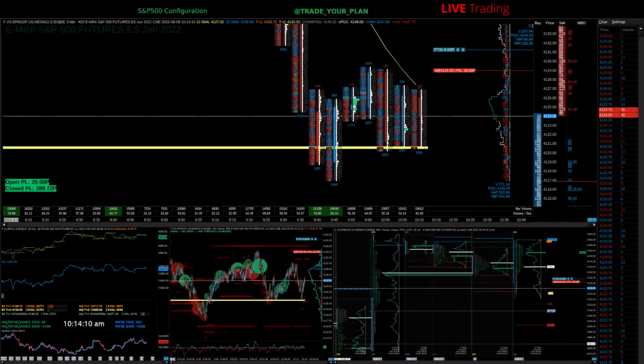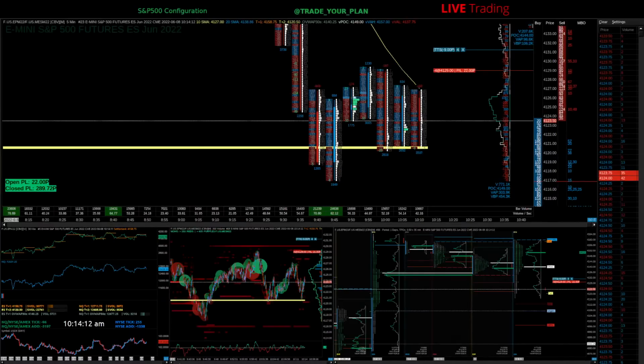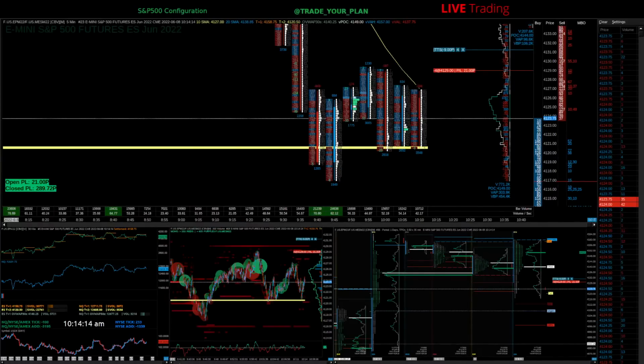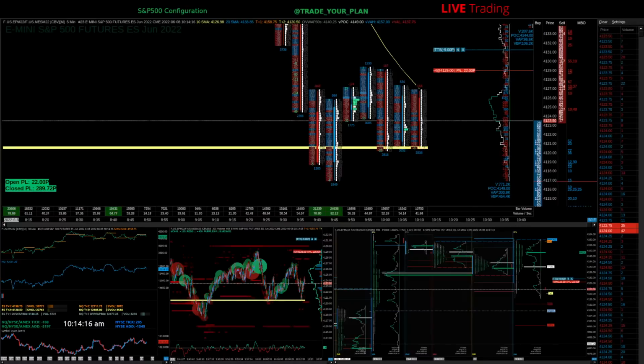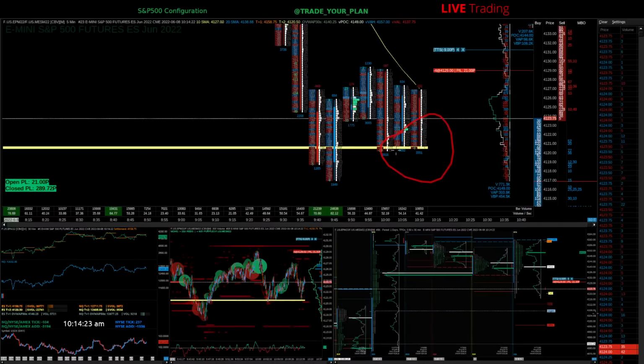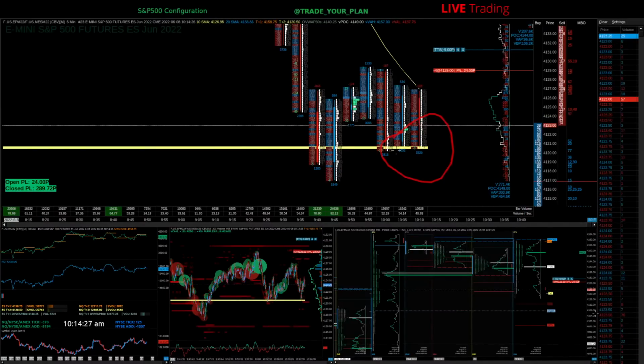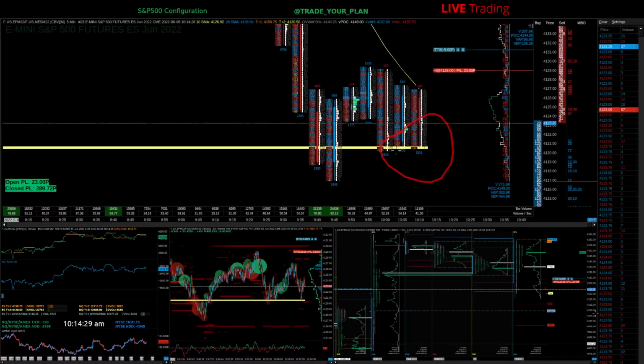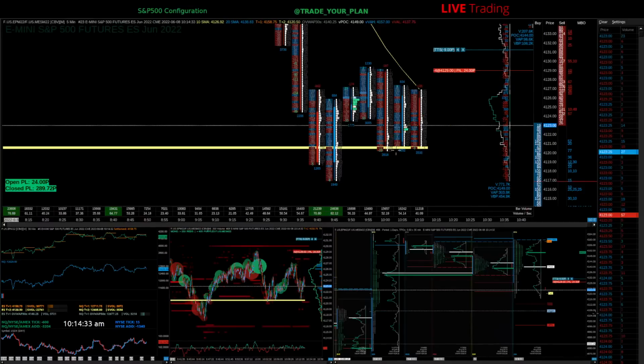So anyway, I don't know, market just ranging out here above T plus 2, that big yellow line, this fatty yellow line is T plus 2. That T plus 2 only holds 22,000 contracts. It is in the bottom 10% of volume. It is not going to be very significant.